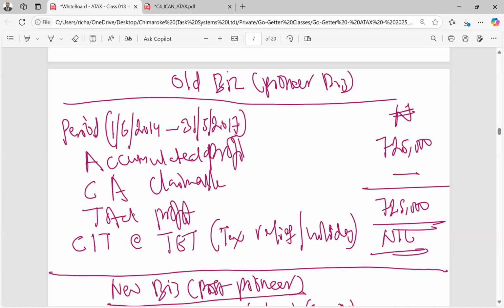That's a way to test basis period. There is another way we will need to learn to test basis period, which will be handled in another topic that will come up after this. So suffice it to say now that in part 1, we learned the theory part in case it comes out of pioneer legislation, how it is being dealt with. In part 2, we are seeing the calculation, which makes us know that we are being tested for commencement or cessation rule.